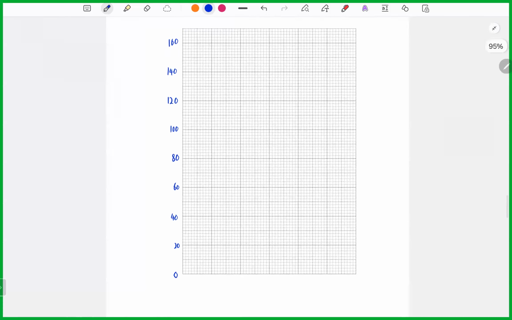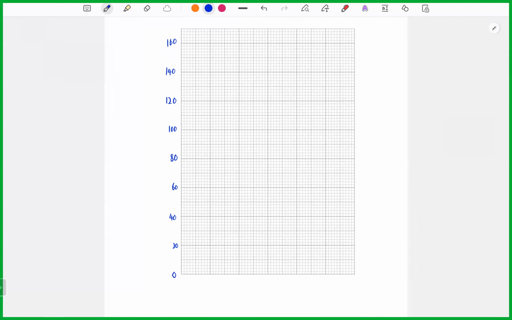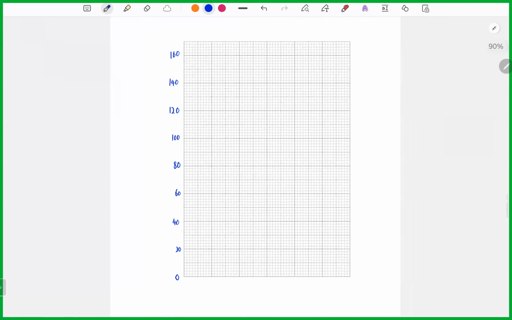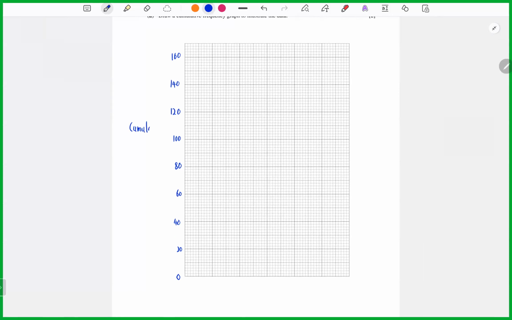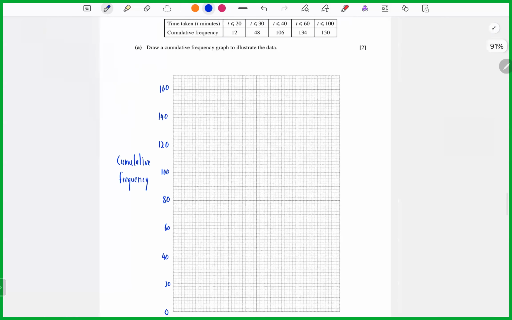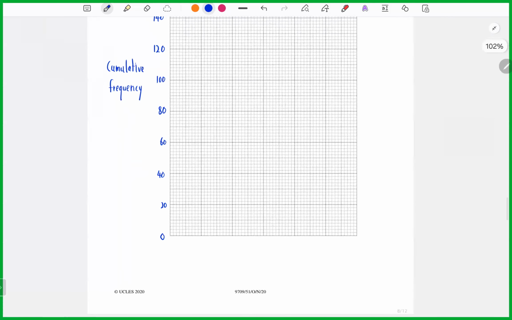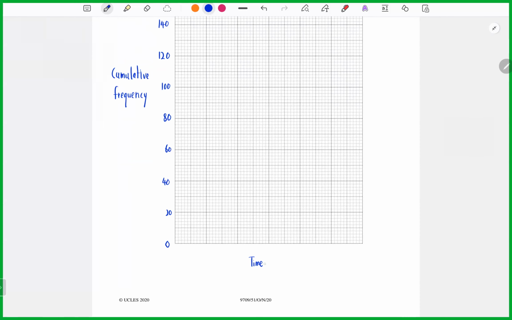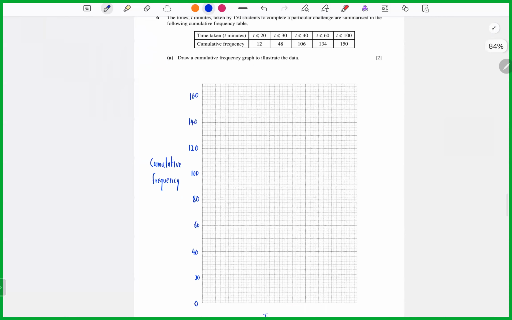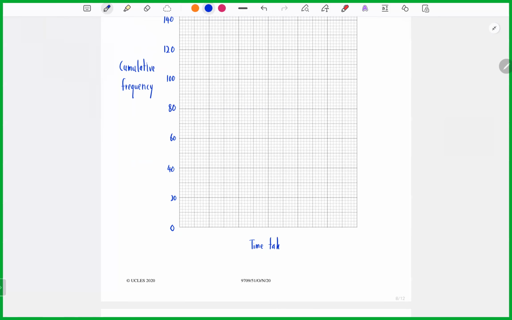So this part is cumulative frequency. And then here is time, time taken, in minutes. So you can write here 20 up to 100.